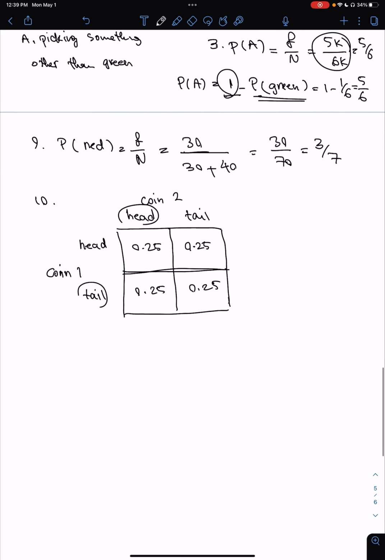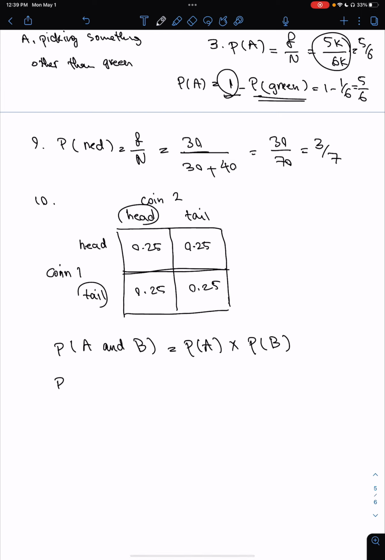Or we can write it this way. If we have two independent events, the probability of A and B happening is equal to probability of A times probability of B. So we can also solve it this way.